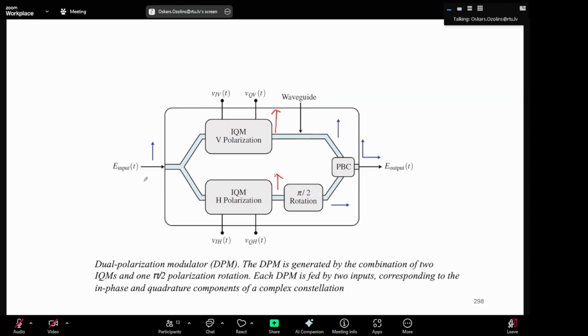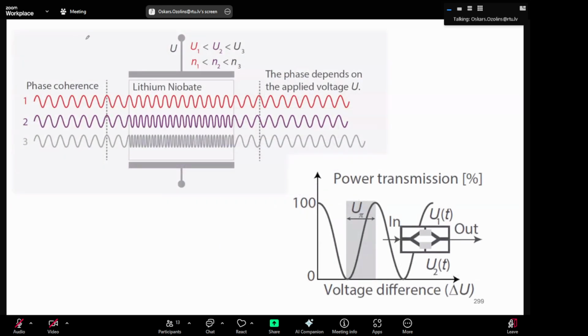So you don't need to have a laser where you rotate the polarization. In principle, you could rotate it here, but then the waveguide design might be a bit off. So this is a more practical way to design these transmitters. Right.